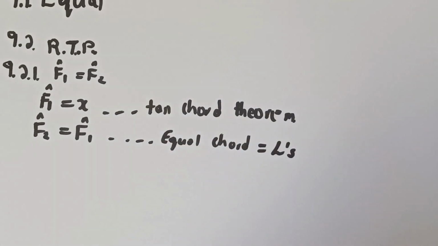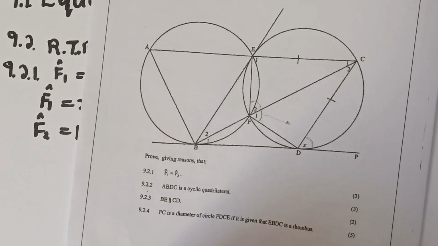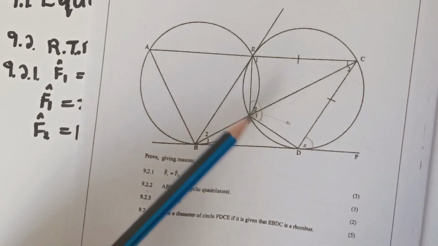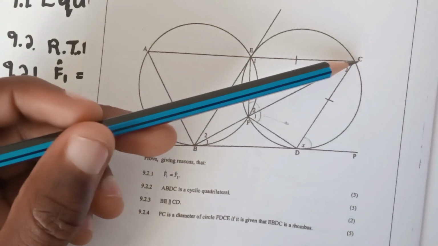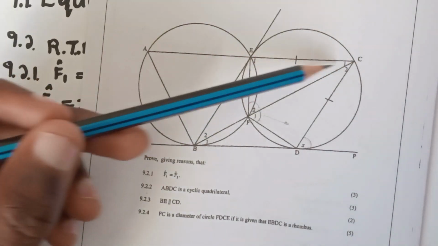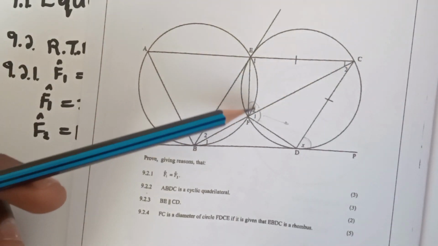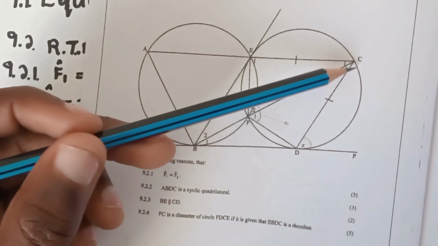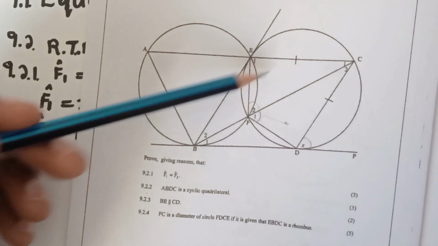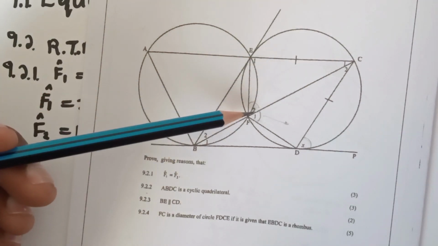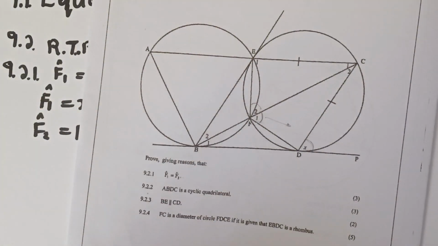I'll just use symbols to represent my reasoning. Angle F2 is equal to angle F1 because chord EC subtends angle F2, and chord CD subtends angle F1.